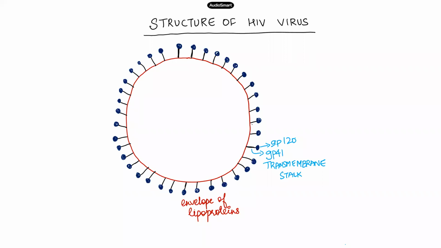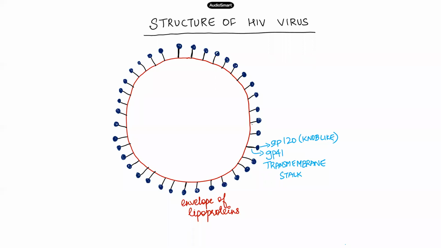These are knob-like glycoproteins. Now, these GP41 and GP120 are antigenic in nature, and they facilitate the viral attachment to CD4 plus cells of T lymphocytes.